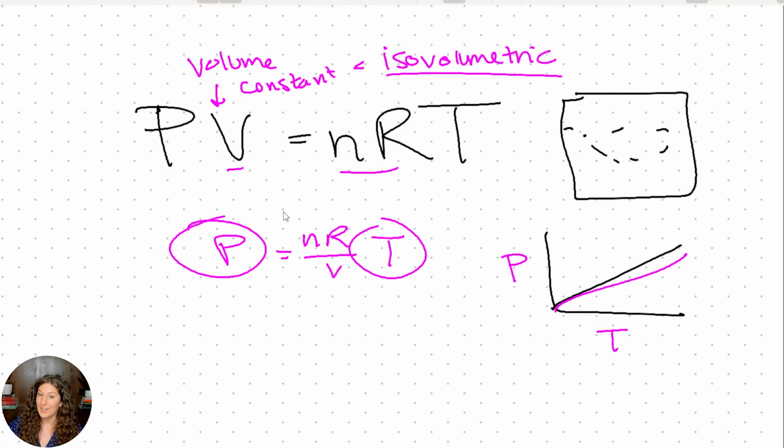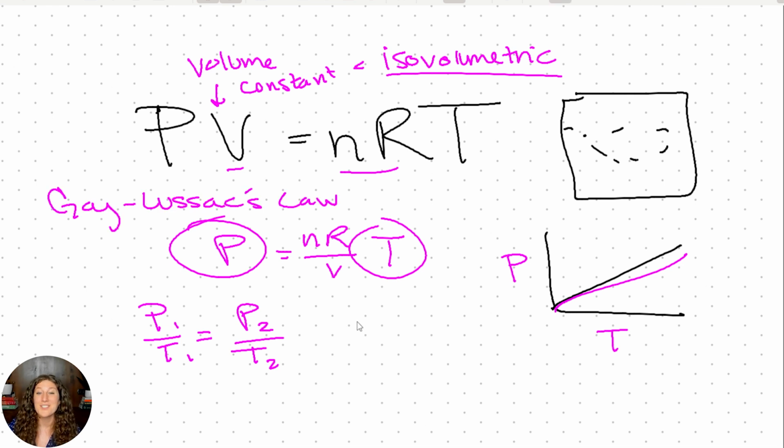Now, all of these can also be ratios for different containers of gases or different sides of containers. So just note that when we have our pressure and temperature on opposite sides, if we're comparing two of them, we would do pressure 1 over temperature 1 equals pressure 2 over temperature 2. All right, this is going to be true for Gay-Lussac's law. This is also true for Charles's law, where we'll have volume 1 over temperature 1 equals volume 2 over temperature 2.